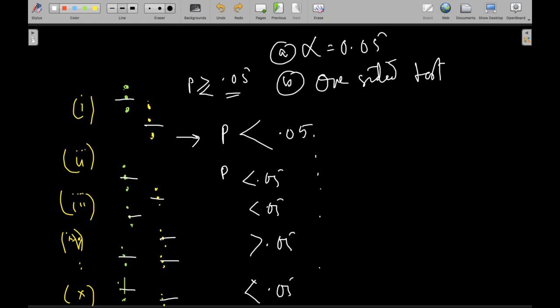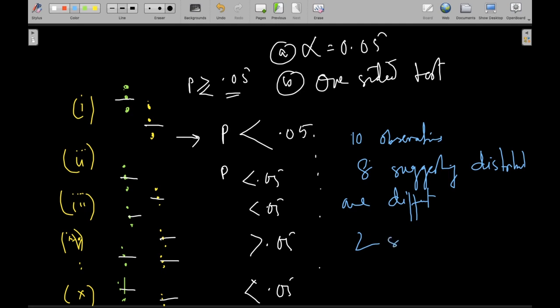Now the power of it is, let's say there are 10 such observations, and out of these 10 observations, 8 suggest a difference, 2 suggest the distributions are the same. 8 suggesting distributions are different, 2 suggesting distributions are same.